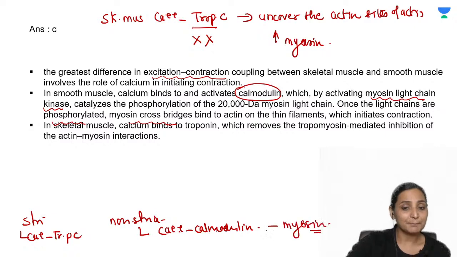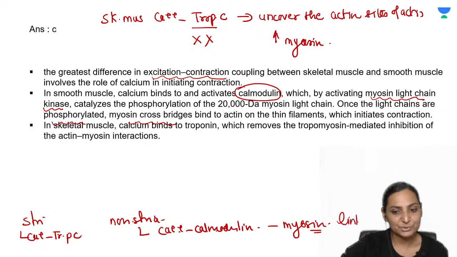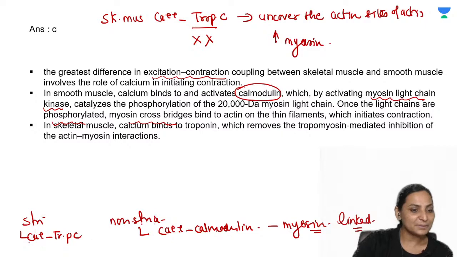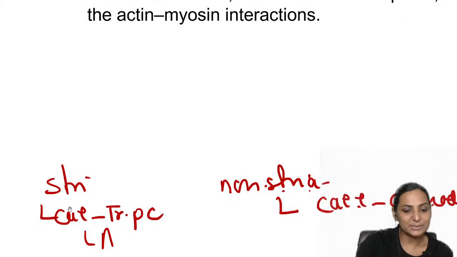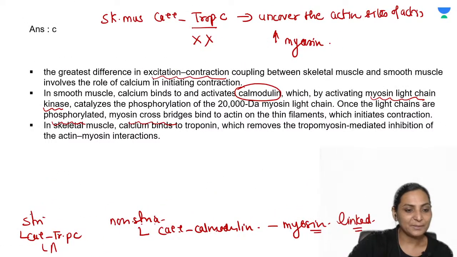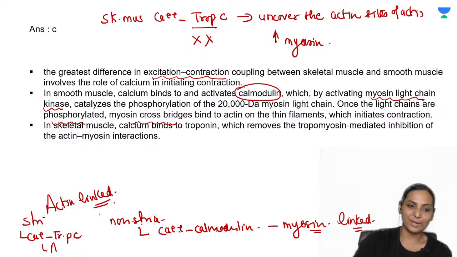Therefore, it is called a myosin-linked contraction in non-striated. And in the striated, troponin C is bound to actin, and therefore it is called an actin-linked contraction in the striated muscles.